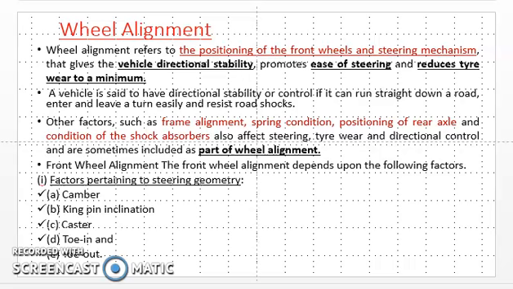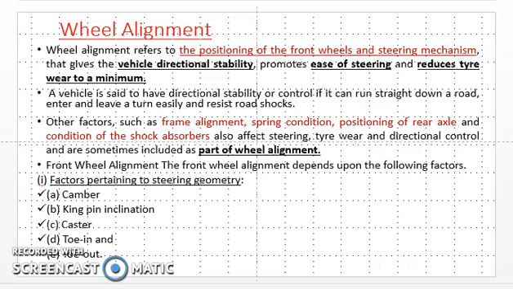Third, recovery after completing the turn. When a vehicle has taken a turn, after completing it the steering should come back to its recovered, original position. So let us see the front wheel alignment.